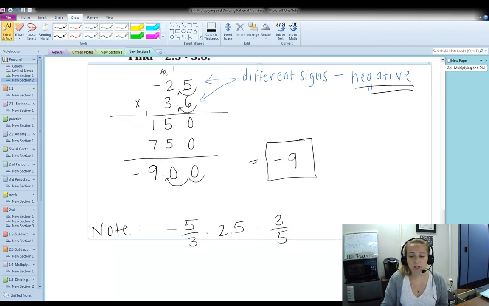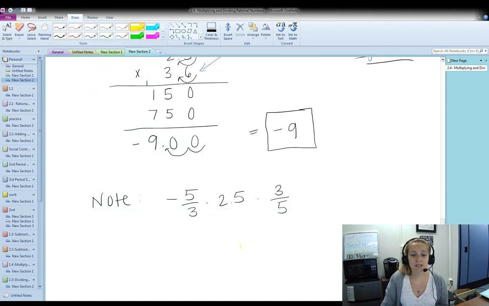The first thing you're going to do if you're given 3 numbers is you're going to just work with the first 2 first, okay? So you are just going to worry about the first 2. Then once you get the answer to that, you are going to take what the answer is, and then you're going to do that last part and multiply it by that last part.